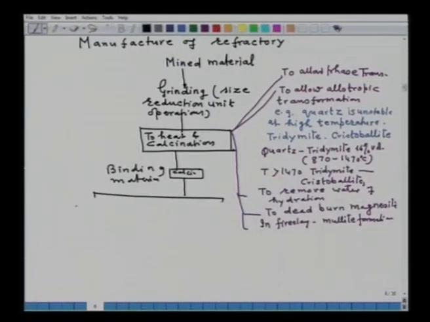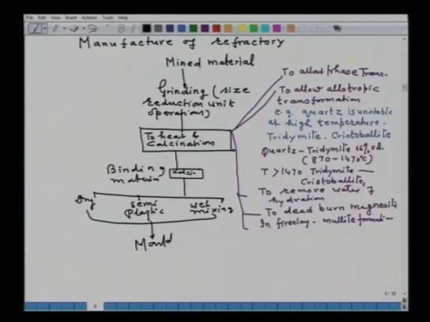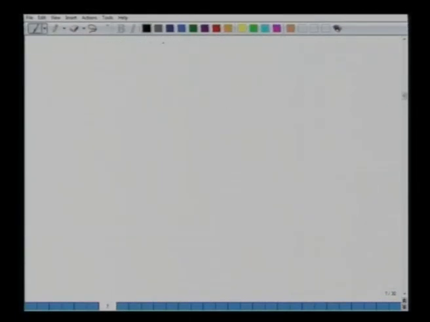It could be dry, semi plastic, or wet mixing. Any of the mixing methods can be used, and the product from all this is subjected to so-called molding. Molding means to give a particular shape, and I am taking this to the next page.